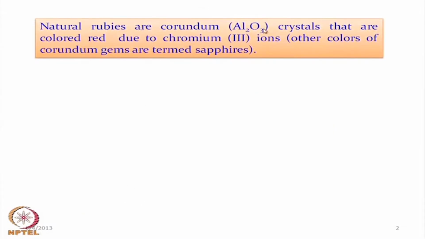So, this can also give us some other example, that of the ruby. The naturally occurring ruby material is nothing but a corundum crystal based on alumina, based on alpha alumina, that is sometimes doped with some chromium 3 ions.